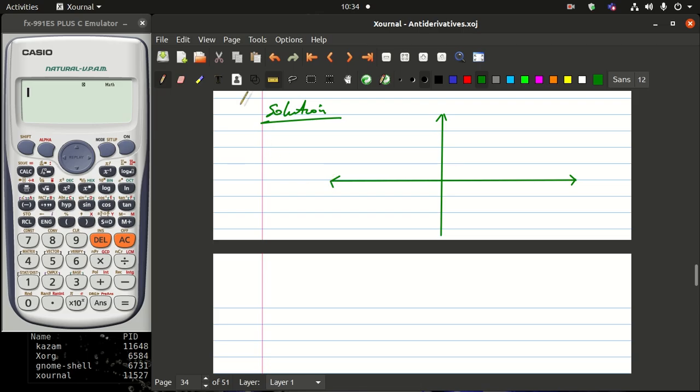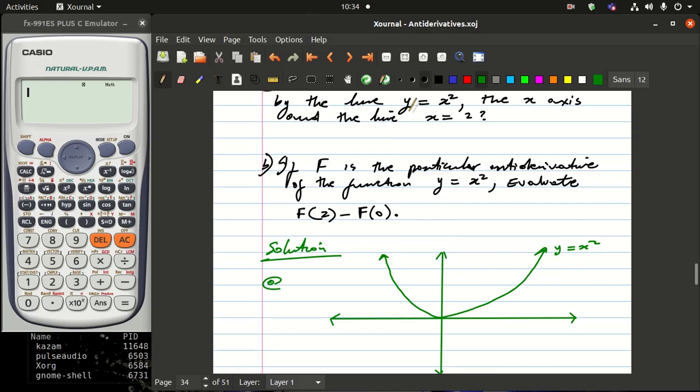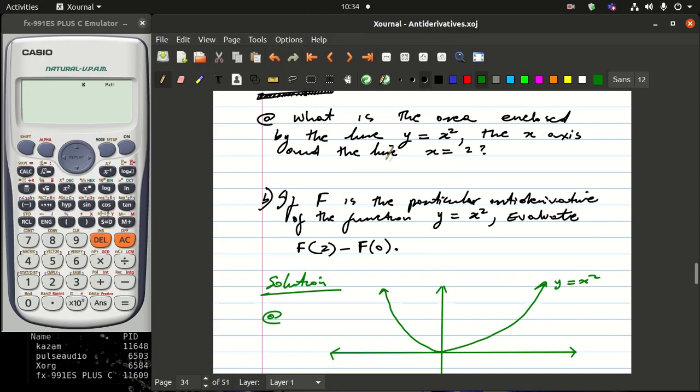I'm going to deal with A first. So the function looks like this. This one is y is equal to x squared, and this side looks like that. Here we have the area enclosed by the line y, the x-axis, and the line x is equal to 2.